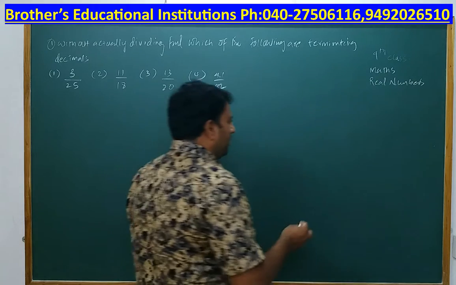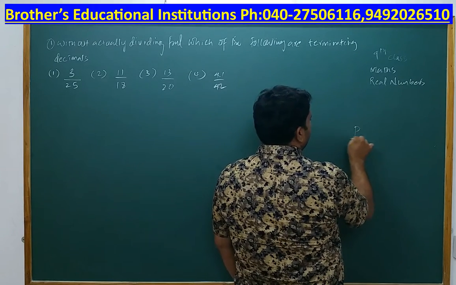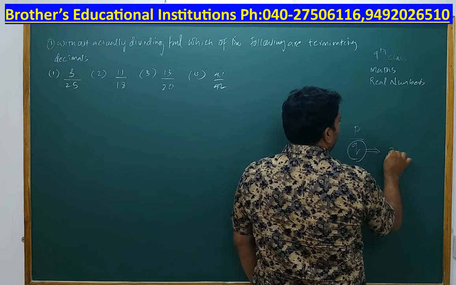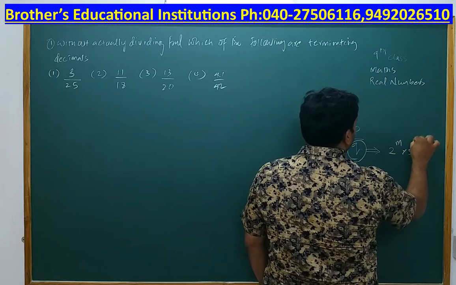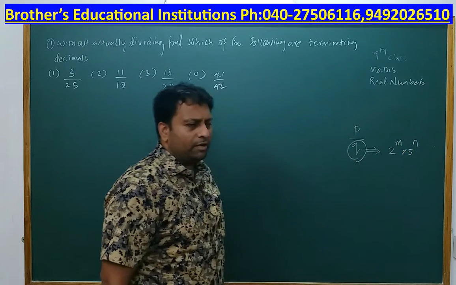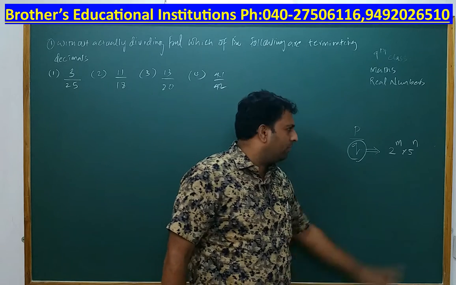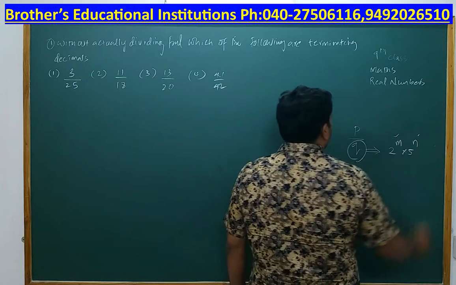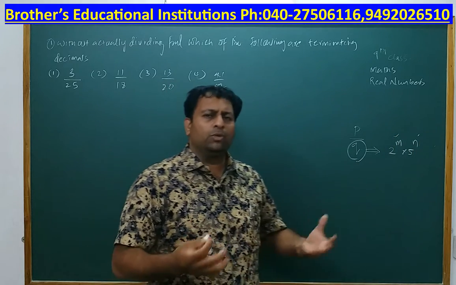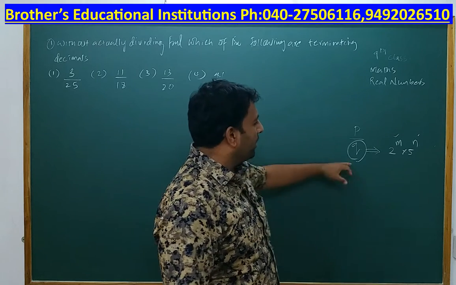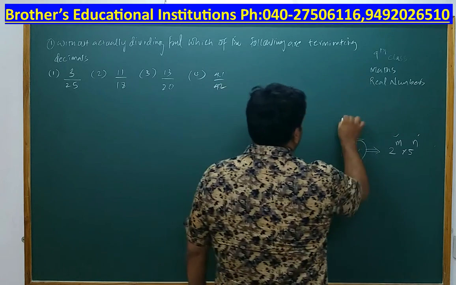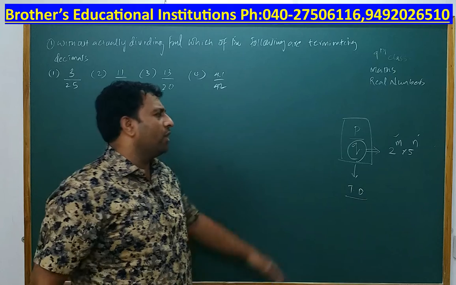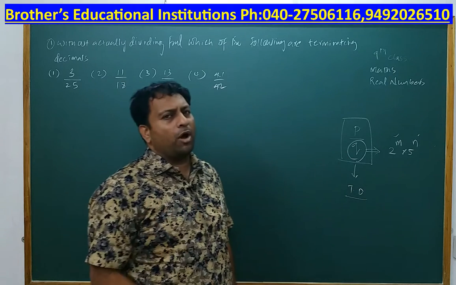Now before I move forward, remember, if there is a number in the form of p by q, and if q is expressed in the form of 2 to the power of m into 5 to the power of n, where m and n are 0, 1, 2, 3, any numbers, then this entire number p by q will always be a terminating decimal. Otherwise, if you are unable to express, that will become a non-terminating decimal.